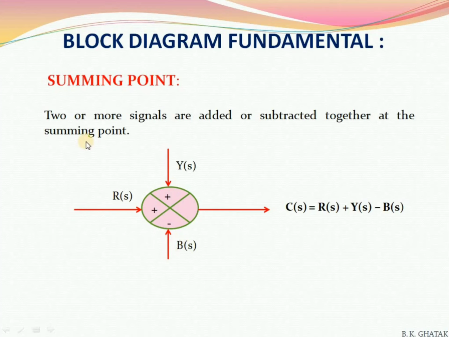So in the summing point, two or more signals are added or subtracted together and we get a final output. Clear? So here the inputs are R(s), Y(s) and B(s) and output is C(s). So R(s) is positive, Y(s) is positive and B(s) is negative. So C(s) equals R(s) plus Y(s) minus B(s).